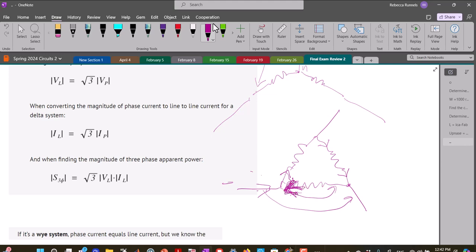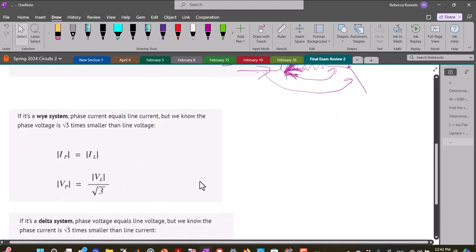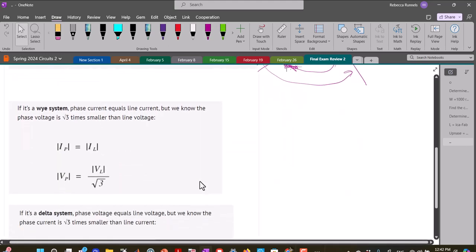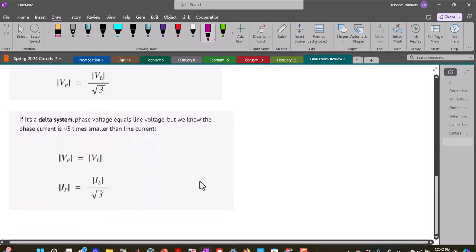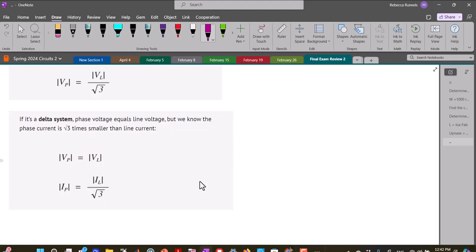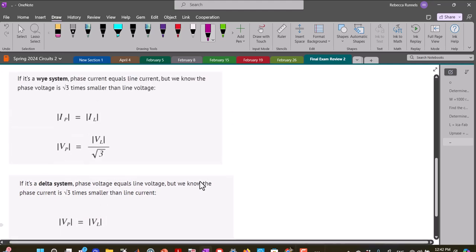So the line current is going to be greater than the phase current, and the line current is going to be square root of 3 times the phase current, but the voltages are going to be the same, and that's for delta. Okay, so for Y, the phase current is the same as the line current, but the phase voltage is the line voltage divided by the square root of 3. For delta, the phase voltage is the same as the line voltage, but the phase current is the line current divided by the square root of 3.